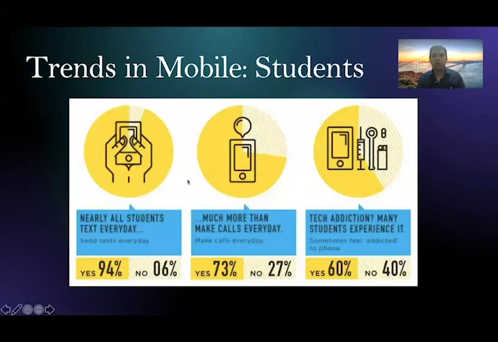In terms of students, this is the purpose of users: text, call, and student experience. You can see that 64% of students use mobile devices to text messages, 73% of students make a call every day using their mobile device, and for other purposes compared to text and call, only 60%.